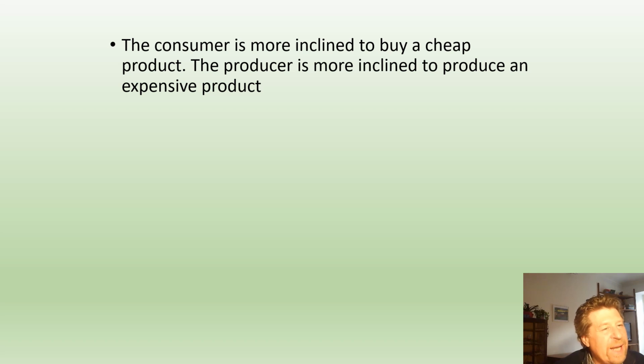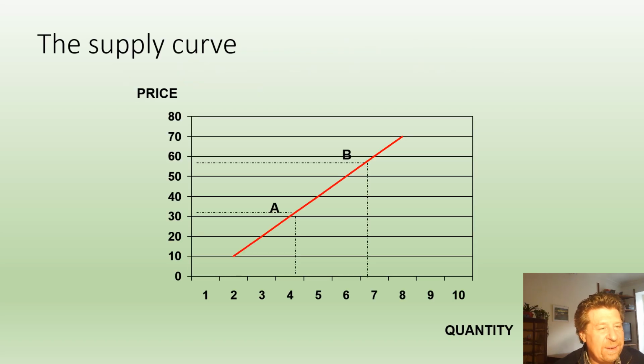Okay, so we can say the consumer is inclined to buy cheap products, whereas the producer is more inclined to produce an expensive product. And if we see the supply goes this way, here we can see the price as it goes up, so the quantity supplied goes up. And here we're talking about quantity supplied. This could be millions, so it starts at 2 million. As the price goes up to €80 or €70, it reaches 8 million.